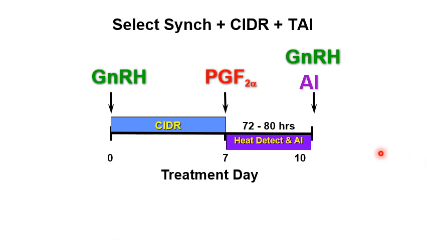So heat detection in timed AI protocols involves AI 6 to 12 hours after observed estrus for 3 days, then timed AI for all the non-responders 72 to 84 hours after PG, with GnRH given at timed AI.